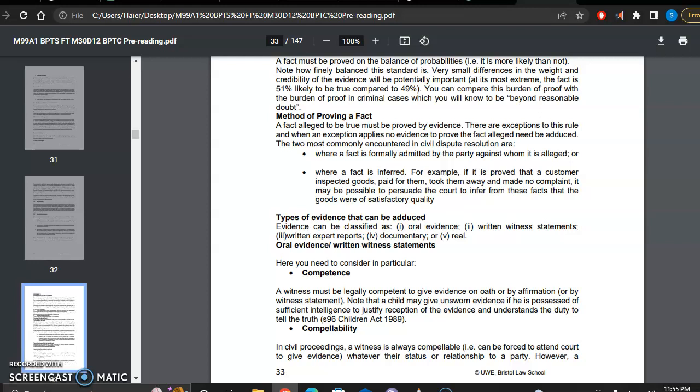For example, if it is proved that a customer inspected goods, paid for them, took them away, and made no complaint, it may be possible to persuade the court to infer from these facts that the goods were of satisfactory quality.